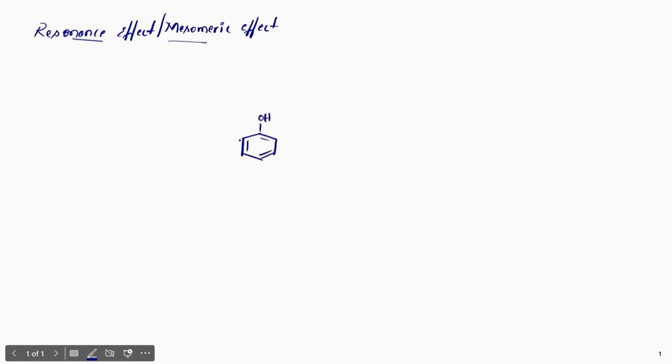This is phenol. Here oxygen has a lone pair of electrons. This lone pair of electrons of oxygen is involved in the conjugation. That means this lone pair of electrons comes here and this pi electron is shifted to here, so that you can write the resonance structure.